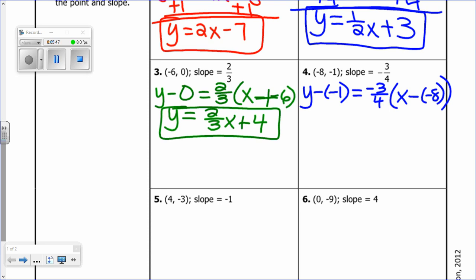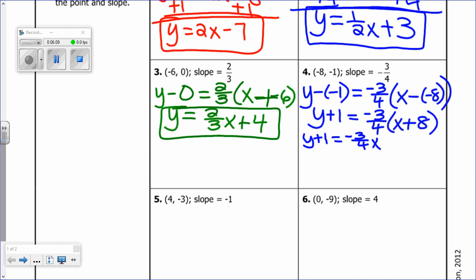Now, I don't like to have all these double signs, so I'm going to go ahead and simplify those. So this is y plus 1 is equal to -3/4 times x plus 8. Okay, so that's just an extra step. Now I'm going to distribute. So we get y plus 1 is equal to -3/4 x. Now be careful.